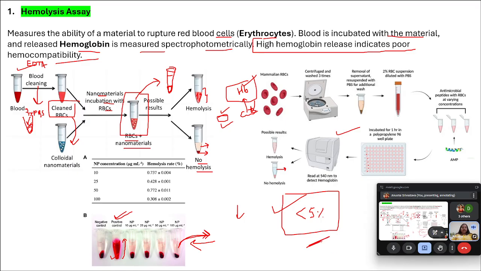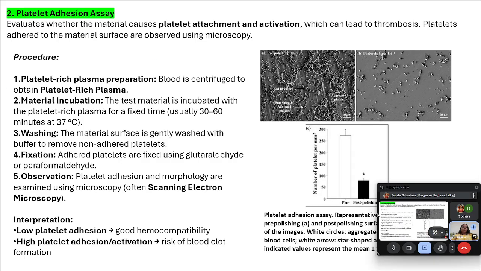So this is the ideal range. I hope it is clear. Positive control is mostly Triton X100, which causes complete lysis. Negative control is mostly PBS, which does not cause any lysis. And then you compare your nanoparticle at different concentrations. Now this is done. Let's move on to the next method.